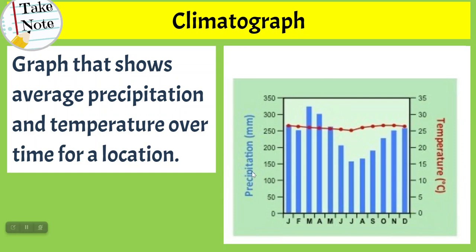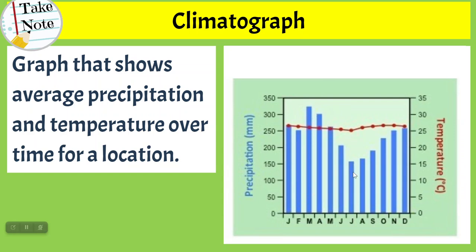And if we look at the blue bars, we're looking at precipitation. So in the month of January, we had precipitation of about maybe 260 millimeters of probably rain, but we're not sure, right? So the blue bars are showing that I had much more precipitation here in March and April.